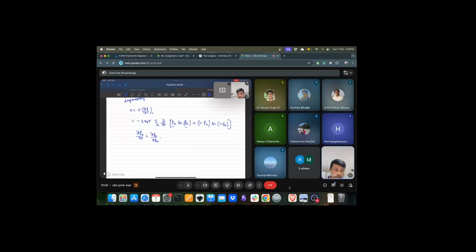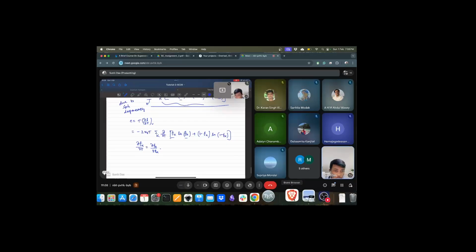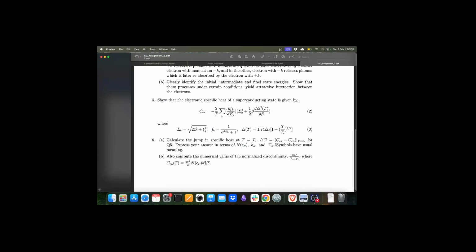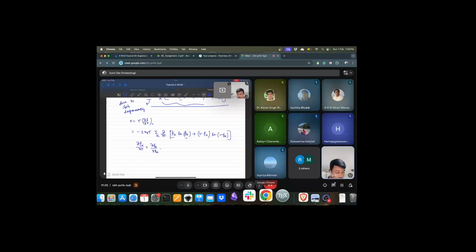Now why will energy depend on temperature? Because E_k was the square root of delta squared plus chi_k squared, right? Chi_k squared was simply the kinetic energy part, and this delta can depend on the temperature.